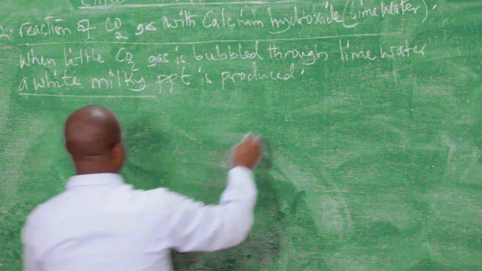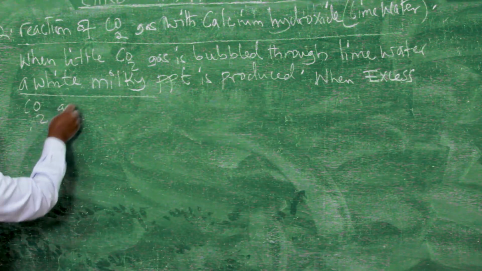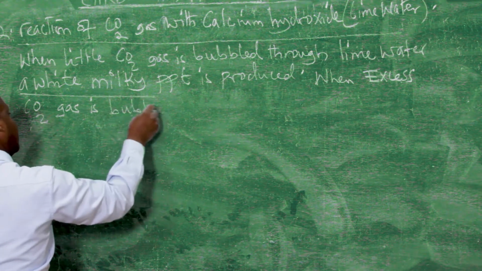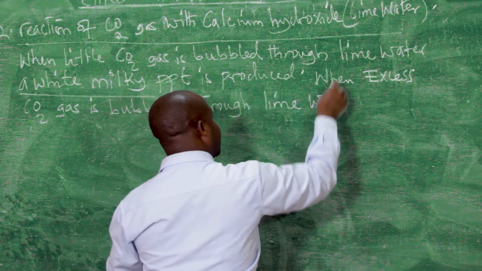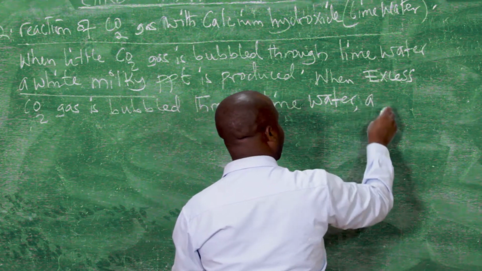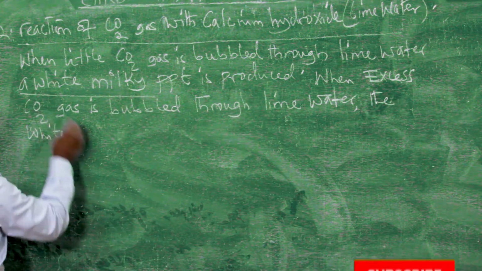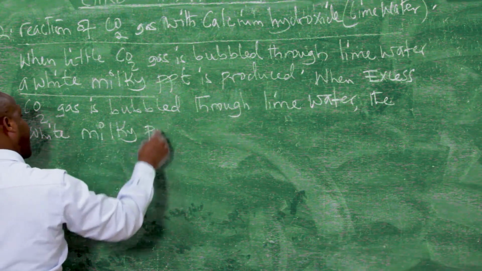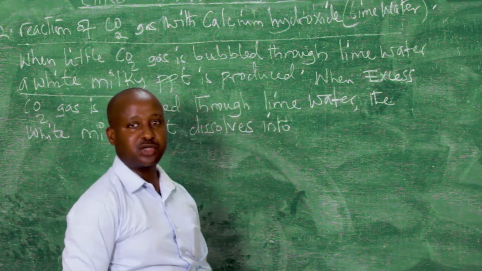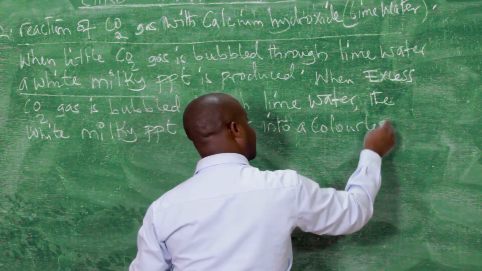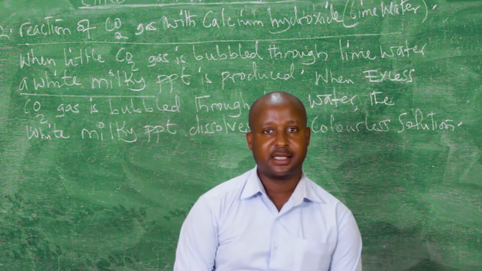When excess carbon dioxide gas is bubbled through lime water, the white milky precipitate dissolves into a colorless solution. Let's look at the explanation for this.